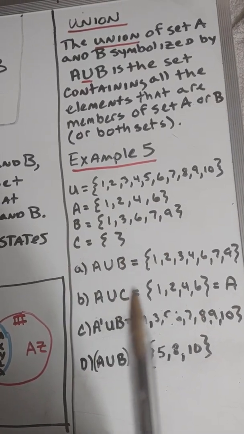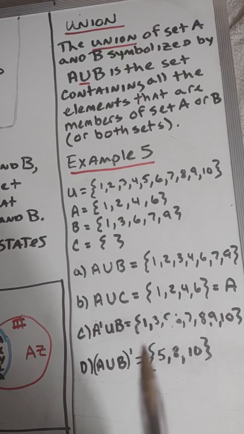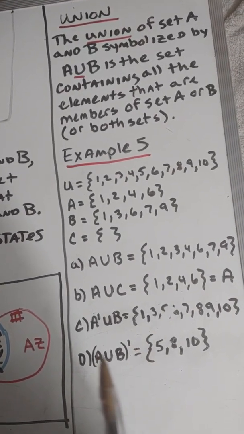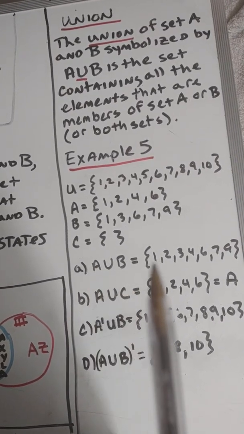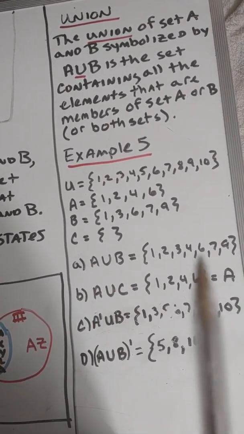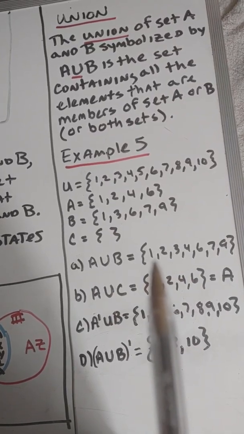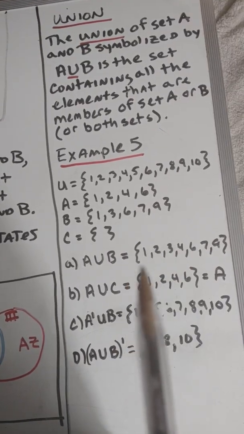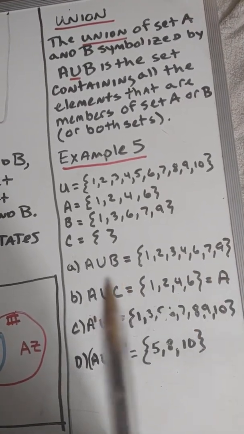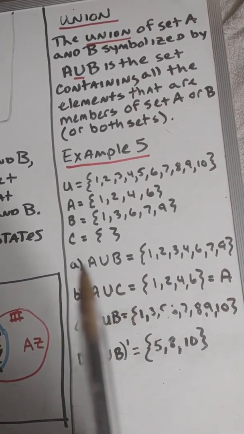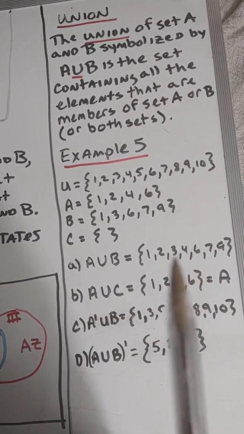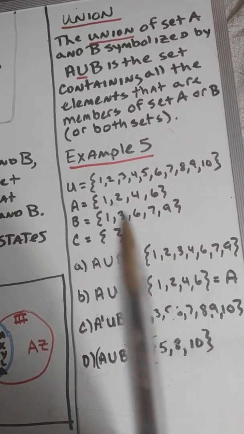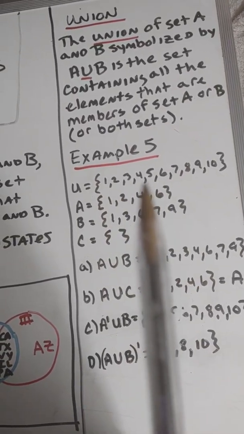When we come to letter D, notice the parentheses are around the whole thing. So we're looking at the complement of A union B. Well, here's A union B here. Okay. So if we look at the complement of A union B, we're looking for all the elements that are not in the union of A union B. So 1 is in there, 2 is in there, 3, 4, 5 is not.